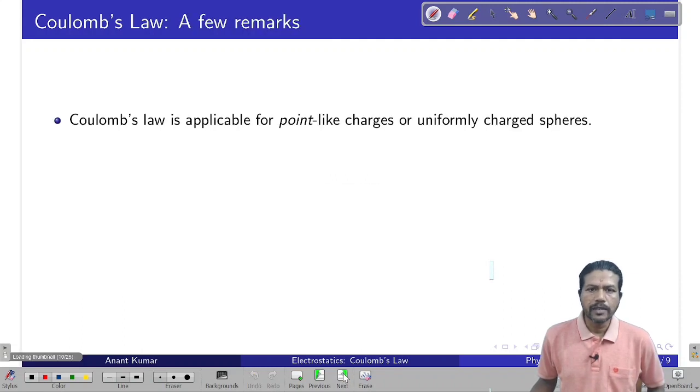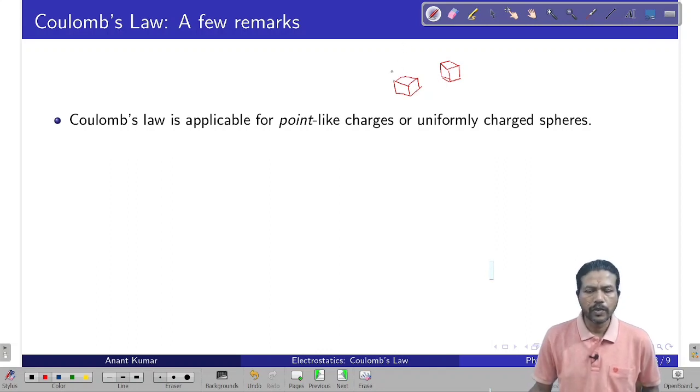So as it turns out, before that, there are a few remarks regarding this Coulomb's law. First of all, Coulomb's law is applicable for point-like charges only, or it also acts between uniformly charged spheres, but it will not work, for example, if I have two cubes and we try to figure out the force between them by using this Coulomb's law.